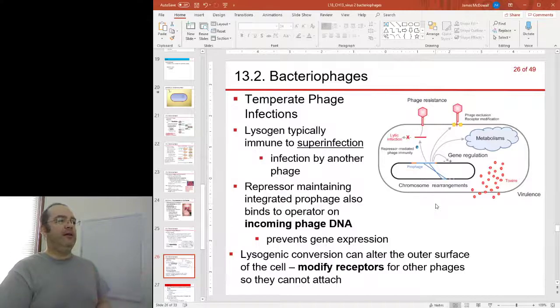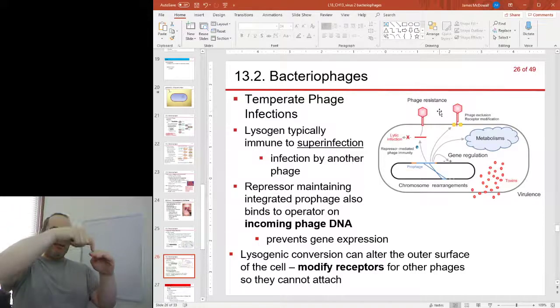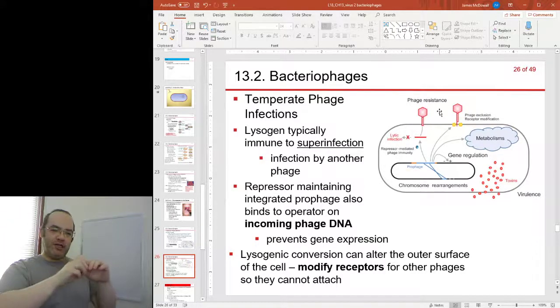So one interesting feature of a prophage infection is that it then becomes much harder for the bacteria to be infected by another virus. It's in the prophage's interest to keep the bacteria safe, so if a lytic phage comes in that's going to destroy the bacteria, the prophage wants to stop it.